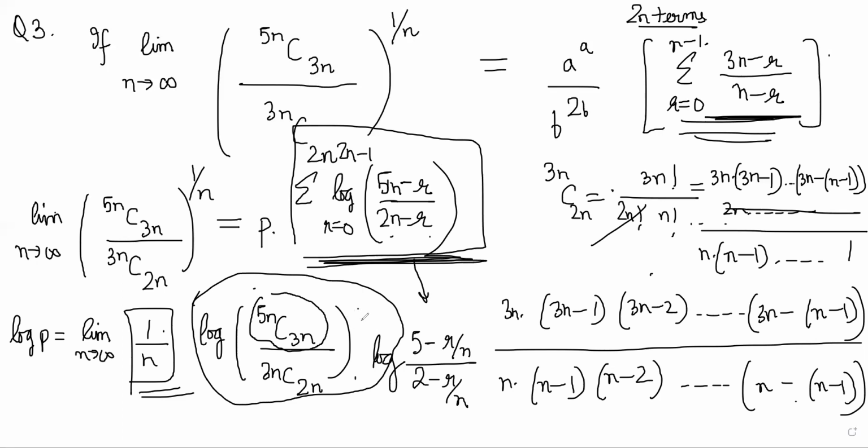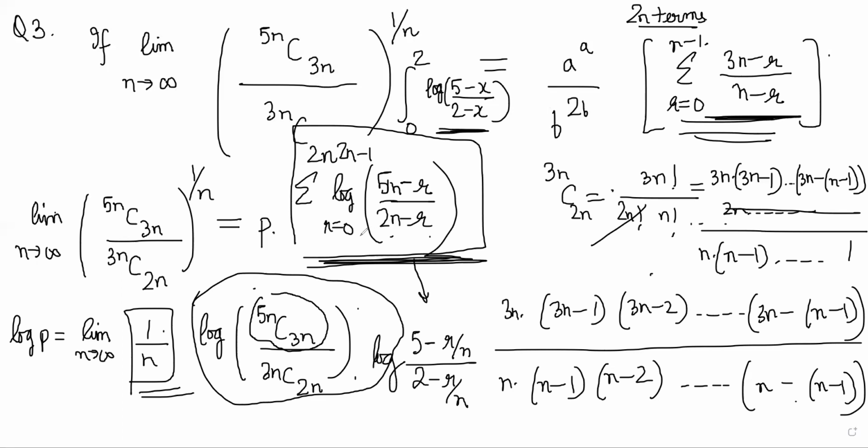And now I can write that as an integral log 5 minus x by 2 minus x, where x varies from 0 to 2n minus 1 by n, so 0 to 2. Right? So this is one integral, minus the second one also will become one integral, right?